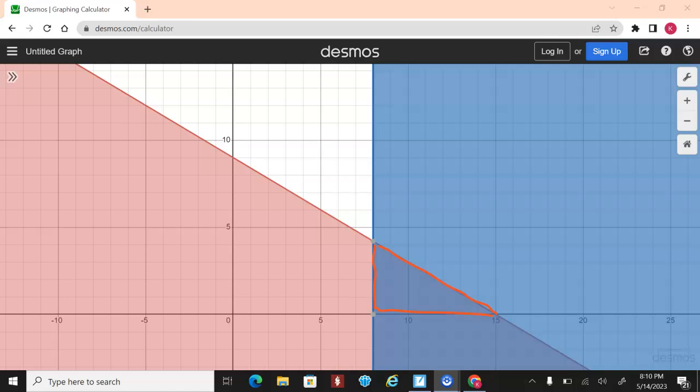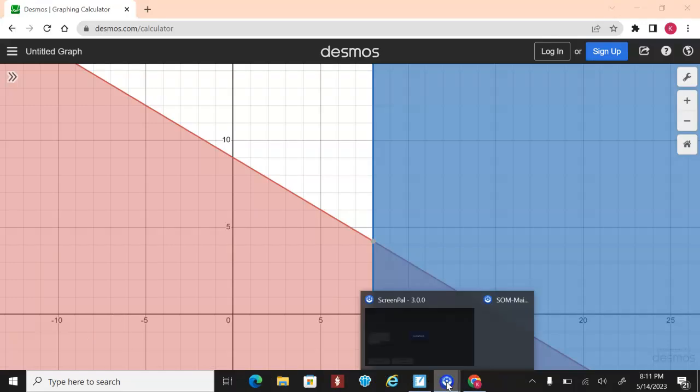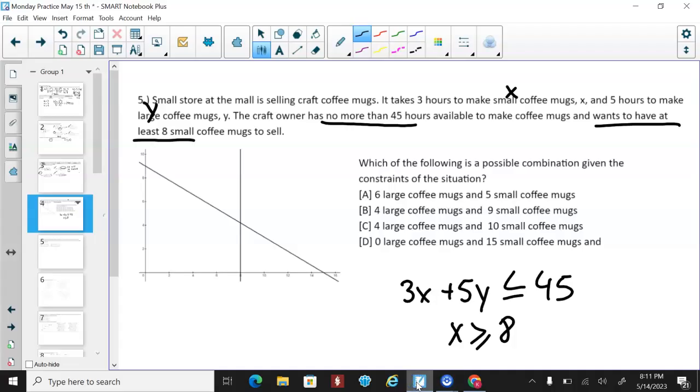All right, so this is the most shaded area, the triangle right here, for you guys, okay? So looking back, this is your most shaded area right here, guys.